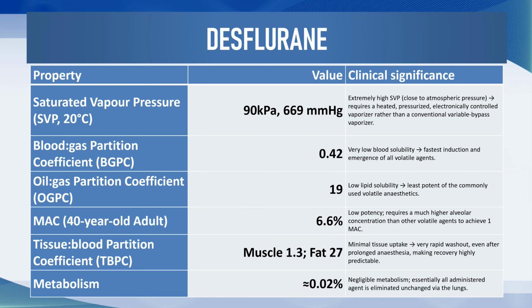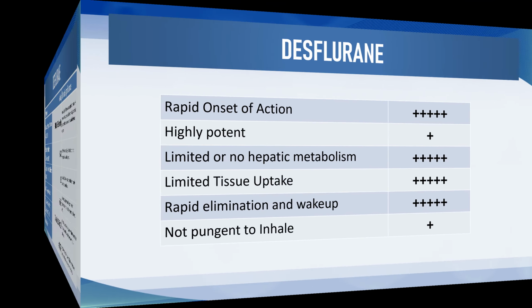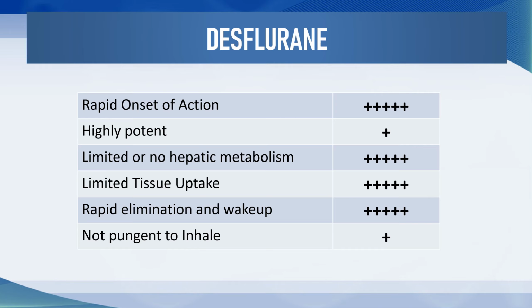Once an appropriate fractional MAC has been achieved, this agent can be used at very, very low flow. But it is not an ideal agent for all patients because it is very pungent to inhale, and as a consequence, it is really not suitable for inhalational induction of anesthesia.